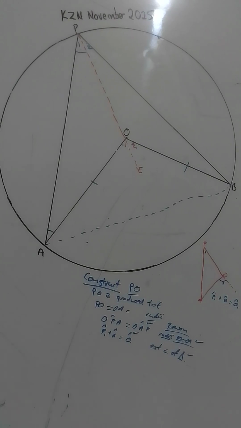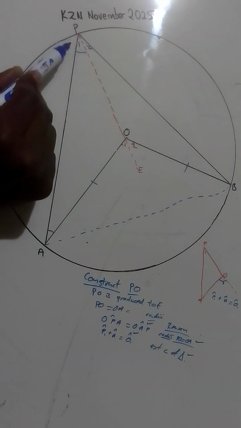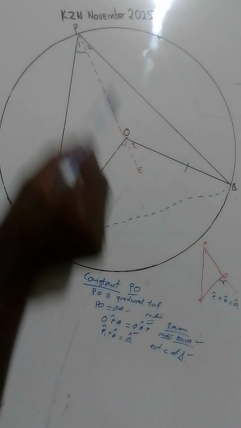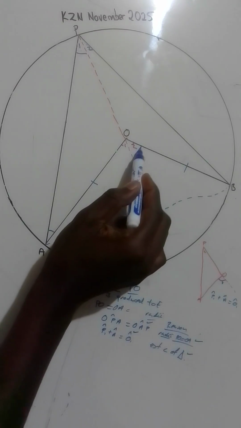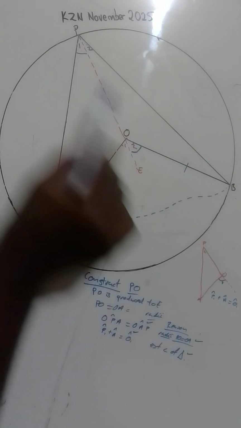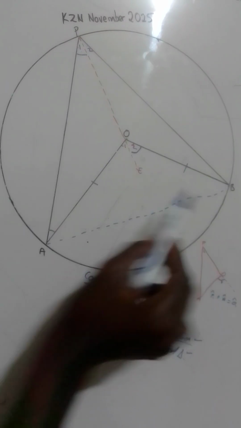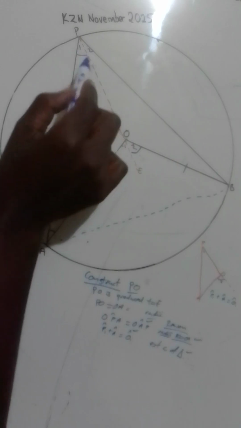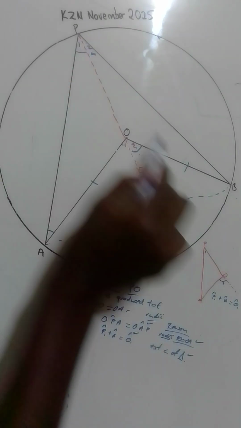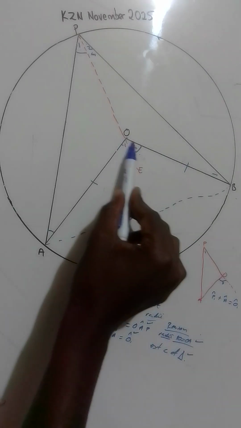Observe, if we come back to this, we have got line PO here, our radius, and we have got triangle POB, right? So this angle here, angle O2, is outside triangle POB, right? So now I say that angle O2 here is equal to what? It is equal to angle P2 plus angle B here. This angle B, where do we get it?